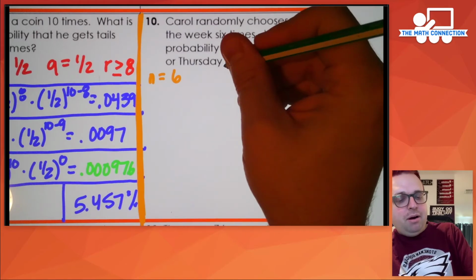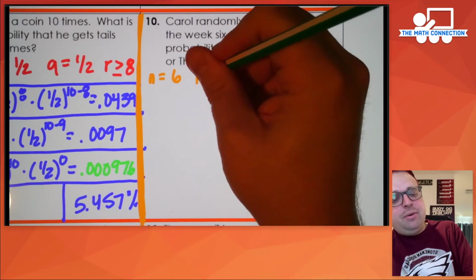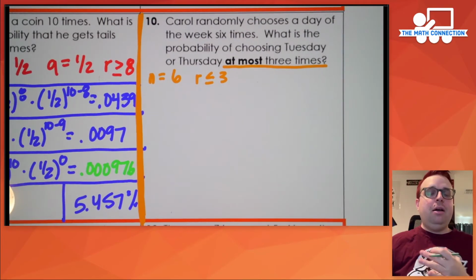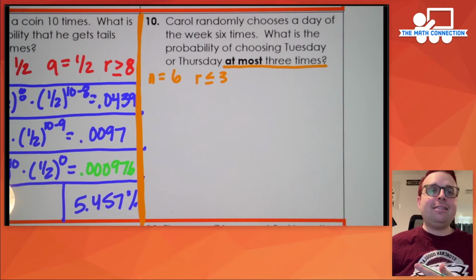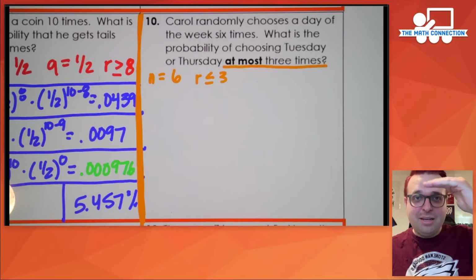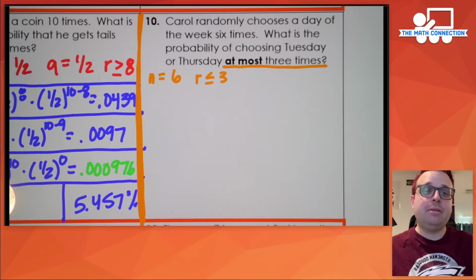So this part, at most 3 times, means that my R value is less than or equal to 3. I'm saying less than or equal because the maximum number of times she can get a success here would be 3, which means she can also be successful 2 times, or 1 time, or no times.